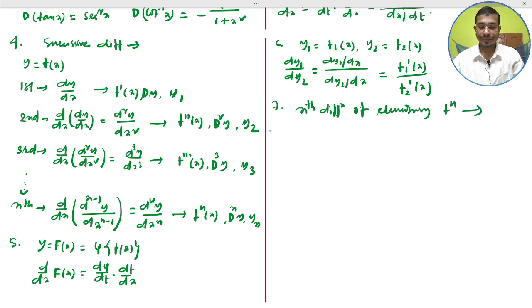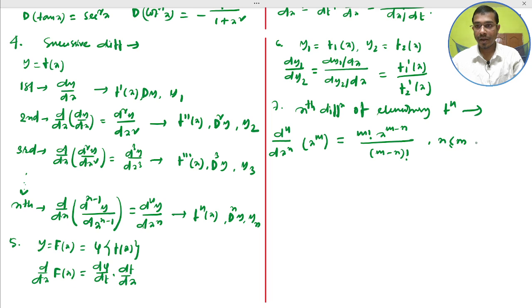First of all, d^n/dx^n of x to the power m should be m factorial x to the power m minus n divided by (m minus n) factorial, provided n is less than or equal to m, and 0 if n is greater than m.